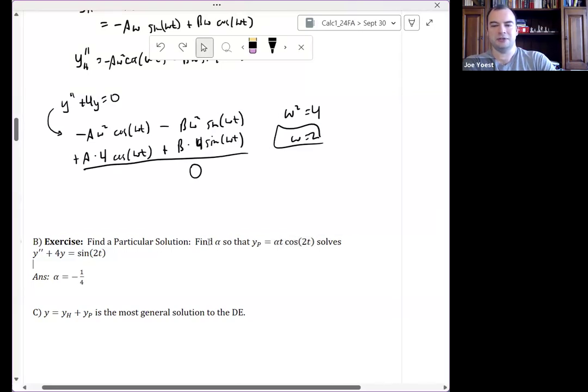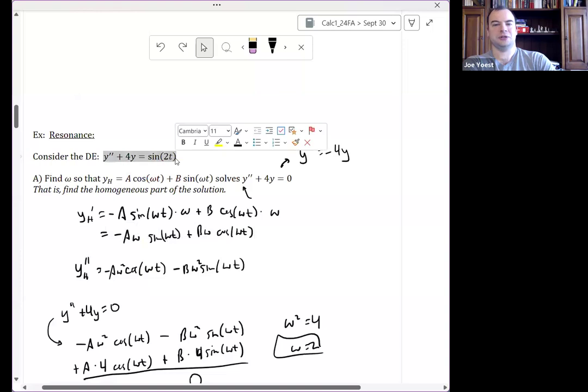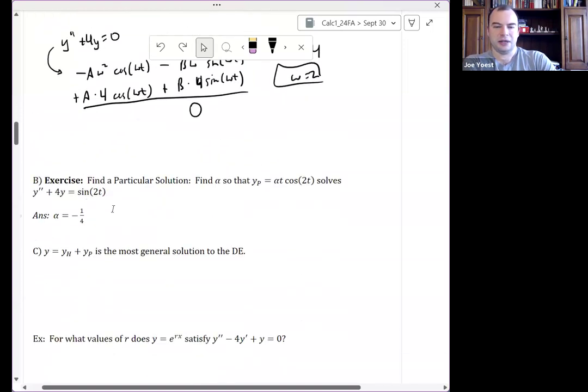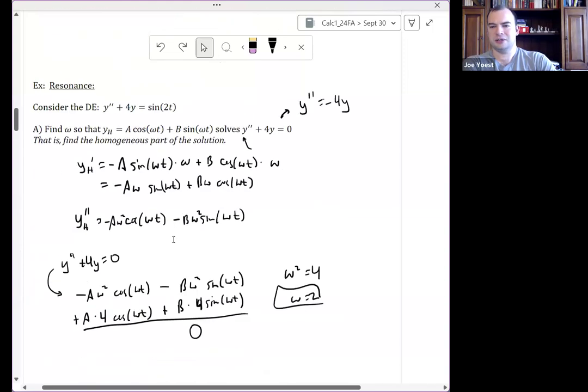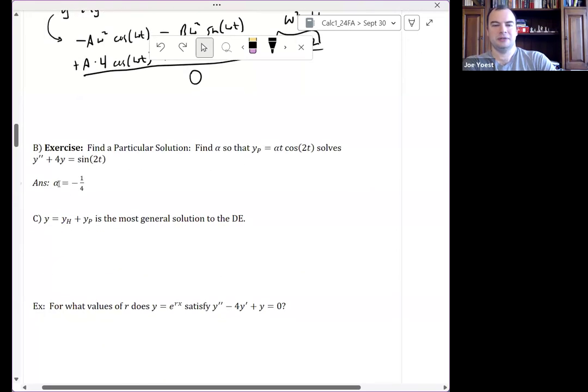And we want to find alpha, find the value of this parameter, so that this solves the full differential equation, including the external forcing term sine of 2t. I'm leaving this as an exercise so you can work through. It's kind of similar to a combination between part A and this last problem here. And the answer is alpha is -1/4.